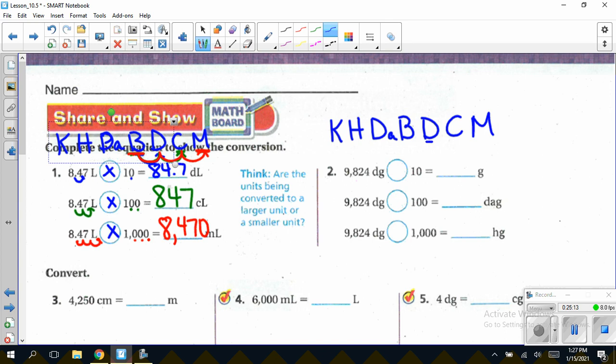So I start at my decigrams, my D, and they want us to convert to grams, which single letter always takes me to the base, decagrams, to the DA, and then the hectograms, which is the H. So I am going from a small unit of measure to larger unit of measures. So therefore, fly to horse, divide of course.